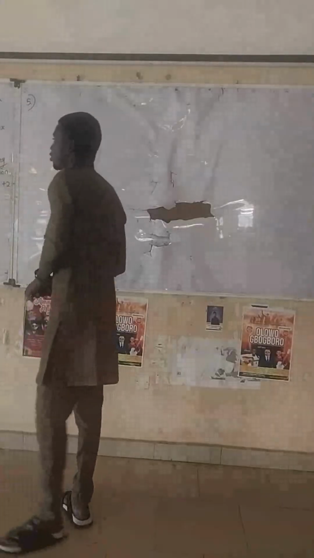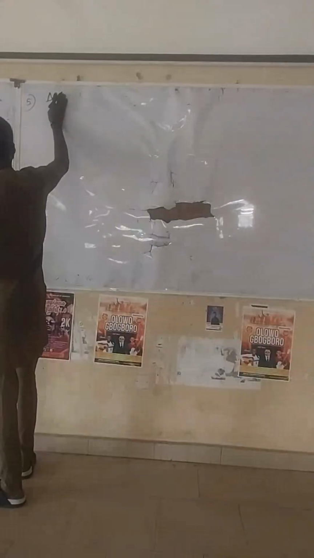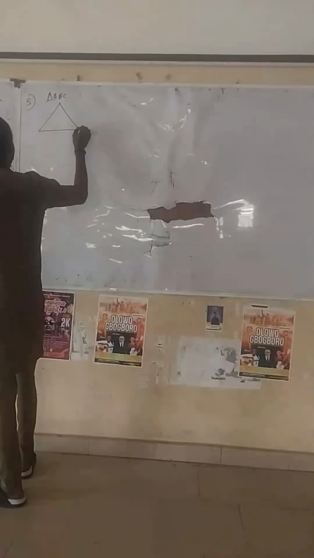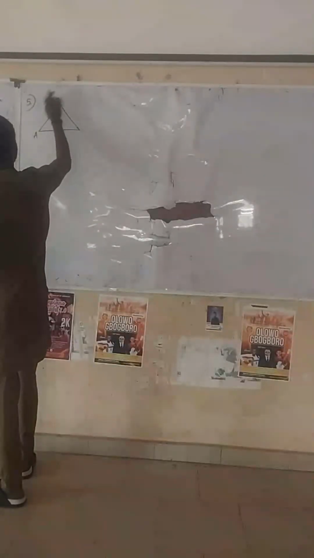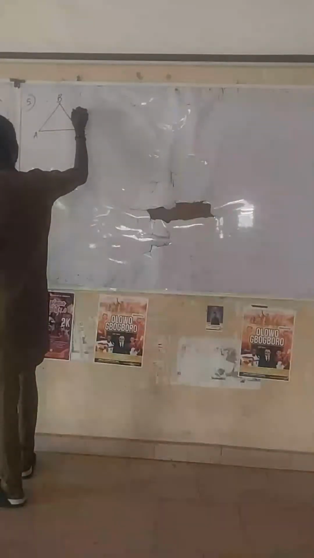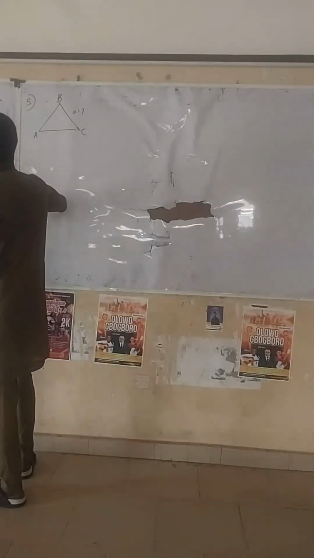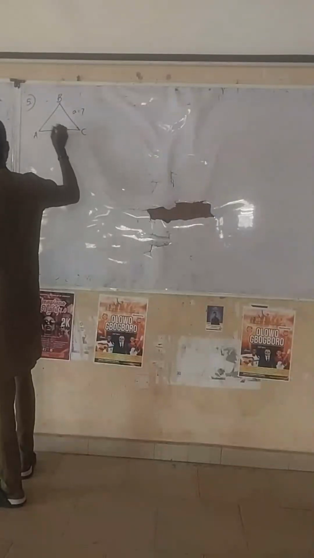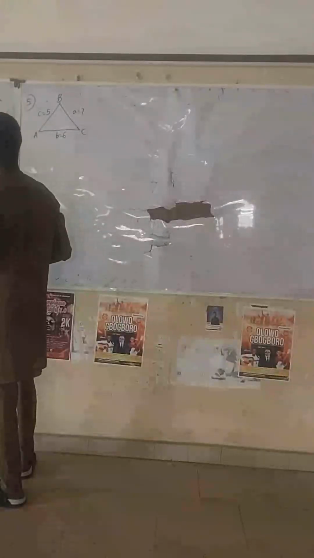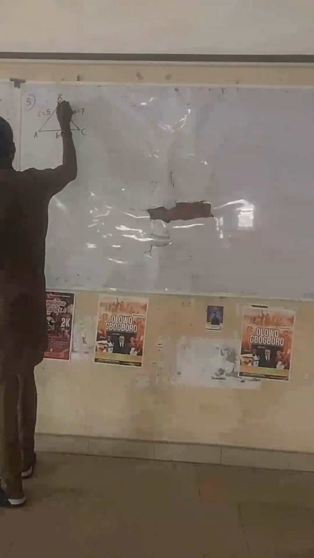Now it says in the triangle ABC, now assuming this is my triangle A, B, and C. Small a is 7, small b is 6 and small c is 5. We are to find the angle B and then the area of triangle ABC.